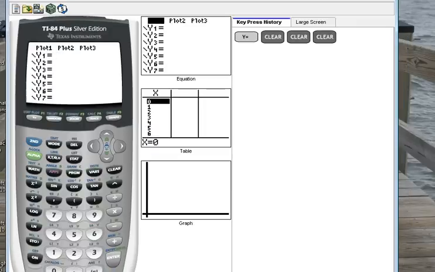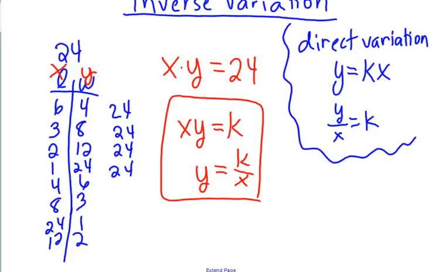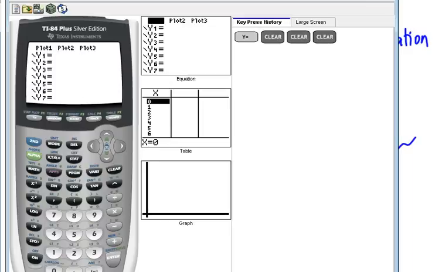And if we look at this equation here, K was 24, so we're graphing Y equals 24 divided by X.